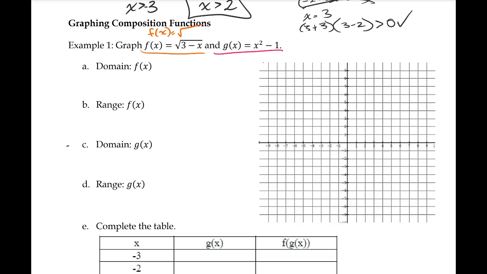I would rewrite this as negative x minus 3, in which case my b value is negative, so that's going to reflect it, and my c value is going to be shifting it to positive 3. So now that I know those pieces of information, I can roughly sketch what my curve is going to look like.